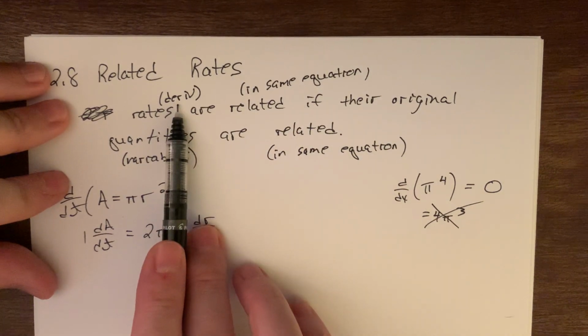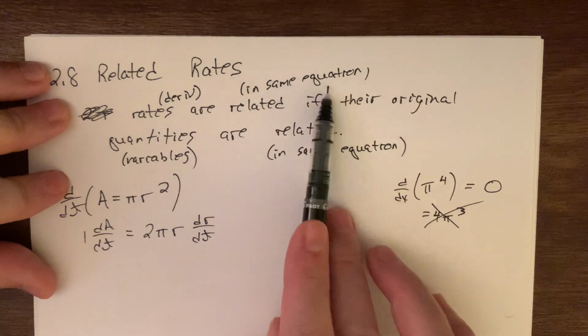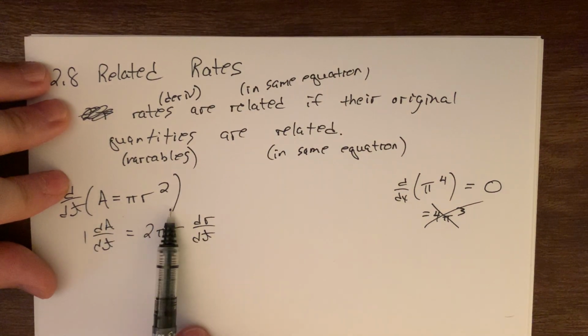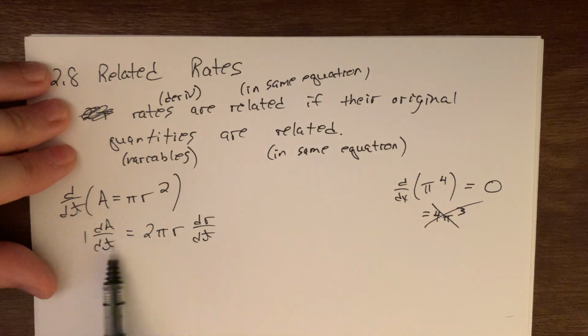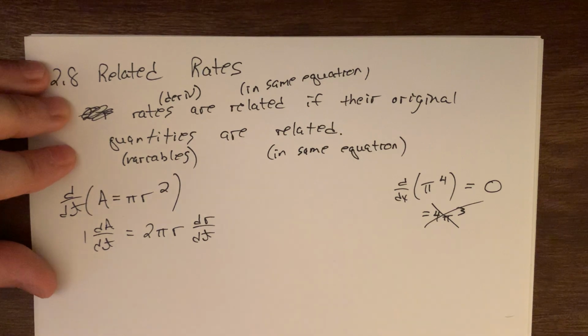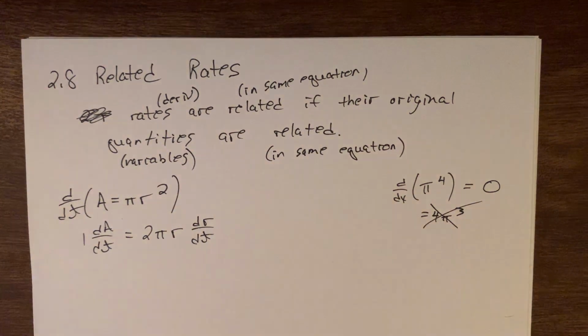So those same variables, their respective derivatives, are now in the same equation. If the original variables are in the same equation, take the derivative, then those derivatives will now be in the same equation.